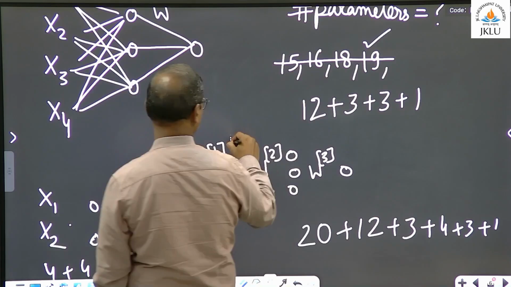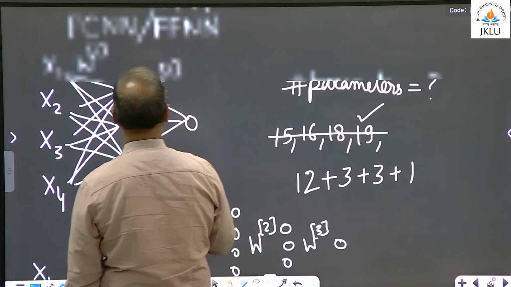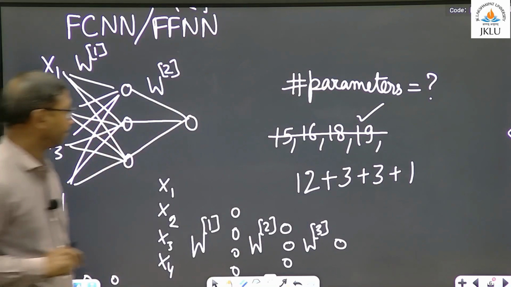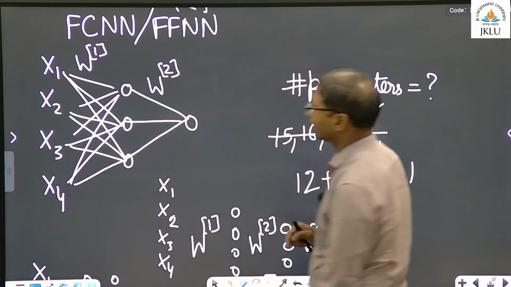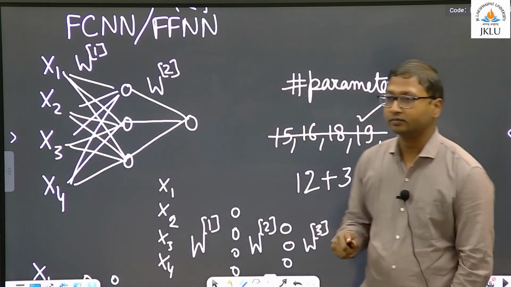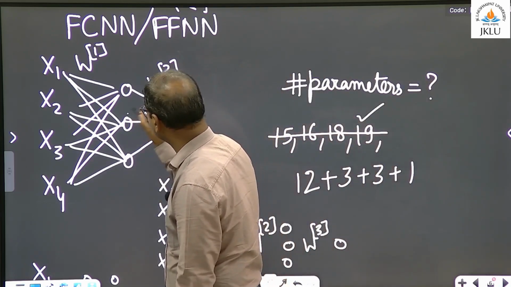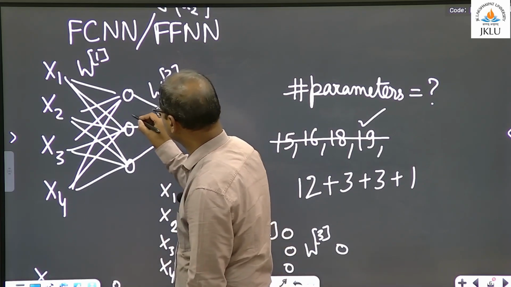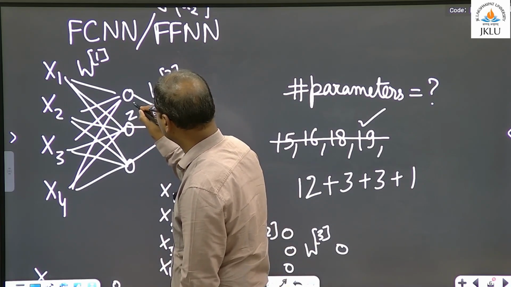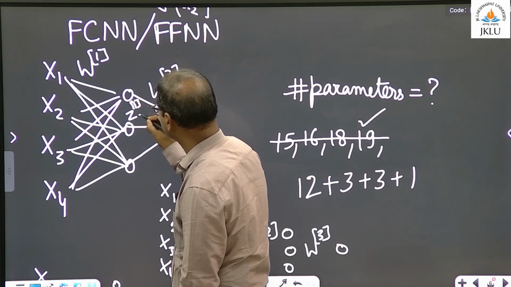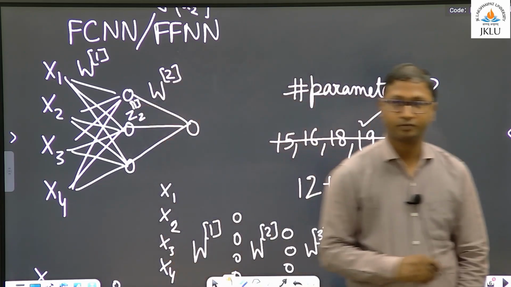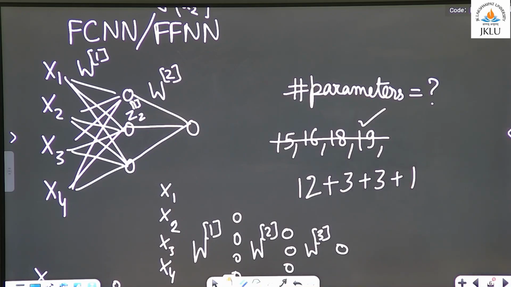I want you to help me vectorize these calculations here. Leave it. I want you to write the equation that computes Z12.